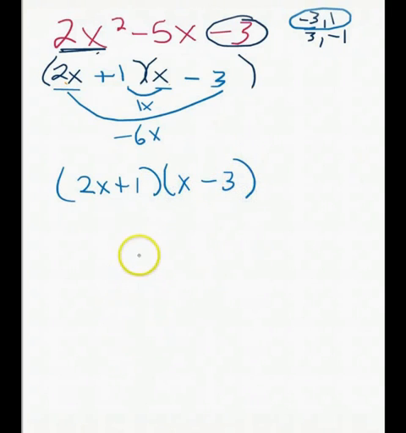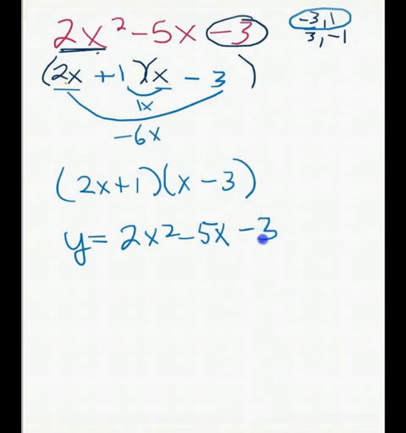Okay? Again, if you get stuck on this, in terms of graphing, what you can do is go to your y equals in your calculator, type in 2x squared minus 5x minus 3, and see where it hits the x-axis. Let's see if I can guess this a little bit: here's 1, negative 1, negative 2, negative 3. It'd be somewhere in here.